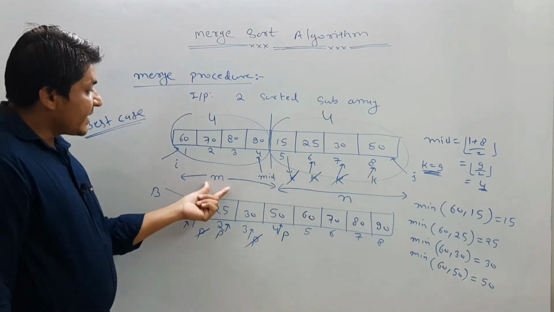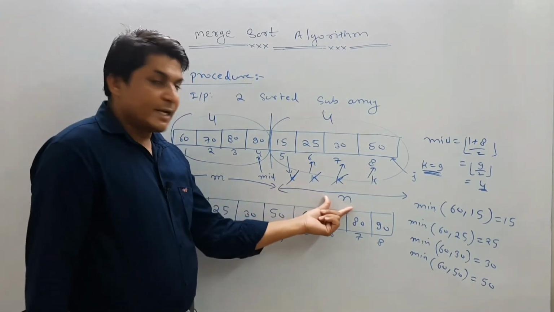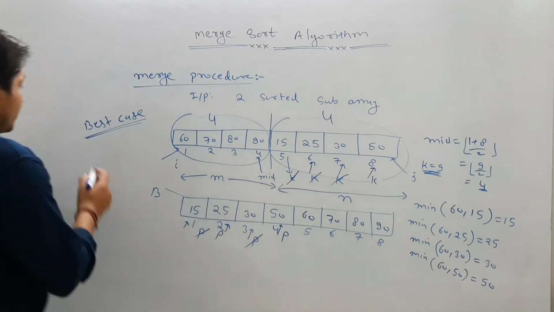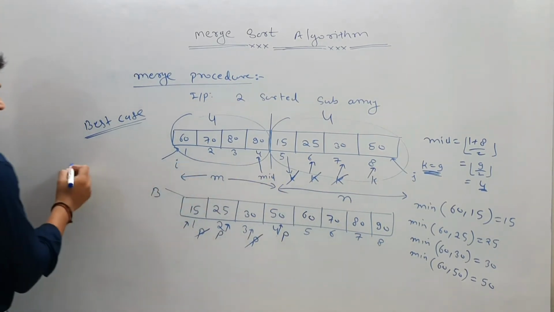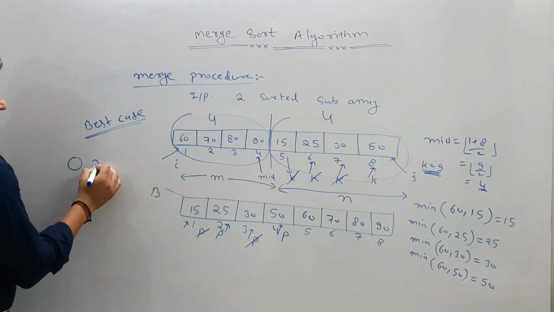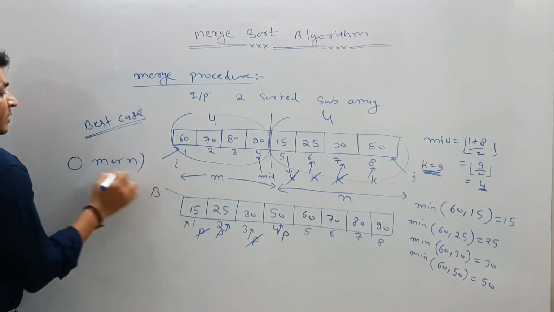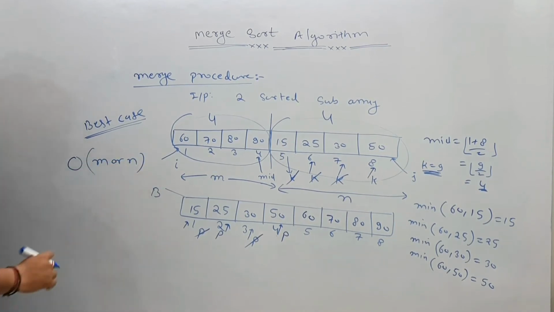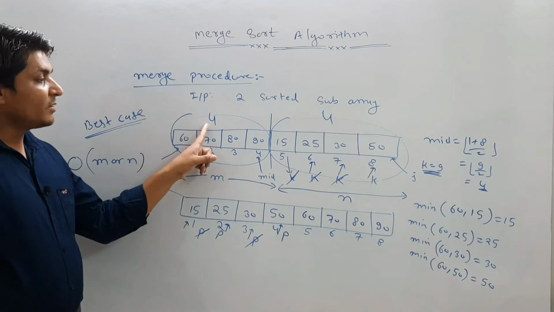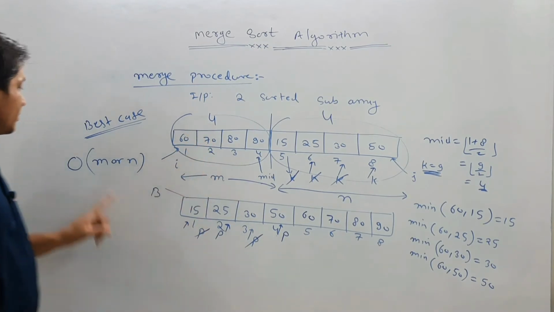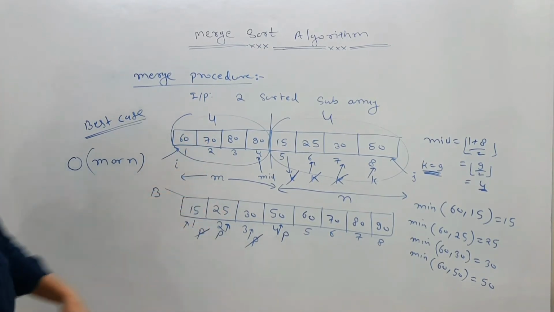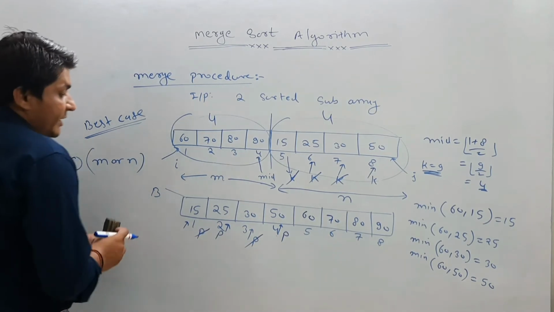So if one array contains m elements and the second array contains n elements, what is the answer? It could be either this part or this part. So let me write order of either m or n. So this is the answer, correct? Means in this case we have done how many comparisons? 4. So either this part or this part. Now let me generalize this.